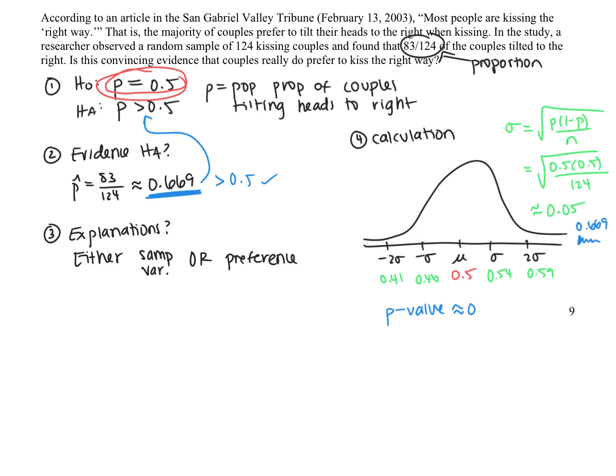So in our mind, what we're thinking then is, okay, that p-value of 0 is less than our alpha, which we're just going to call 0.05 since we don't have one, which means it is incredibly unlikely, if the null were true, that we would get this sample proportion. So if the null is true, it's highly unlikely we would get this sample proportion. What does that mean? That means we have evidence to reject the null.